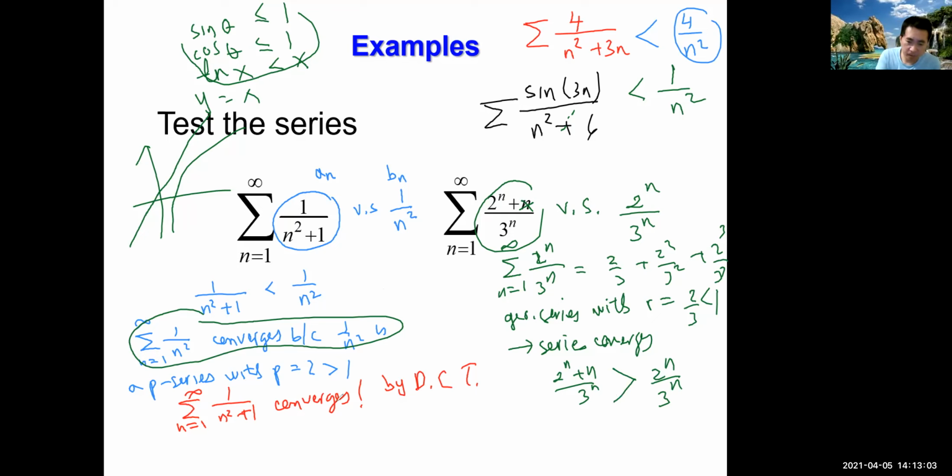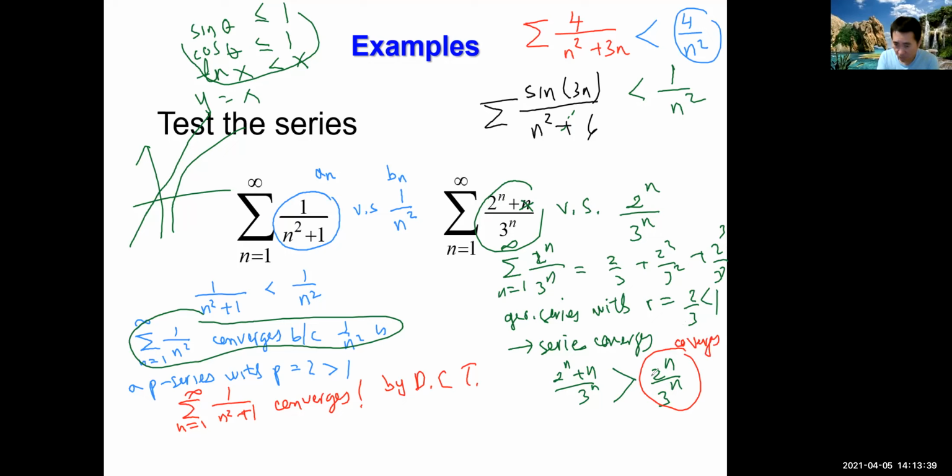Now, this makes it hard, because since the smaller side is the one we want to make sure follows. You look at this 2 to the n over 3 to the n, right? So this numerator is smaller than that numerator because that has an extra n. That's smaller, and we know that series converges.